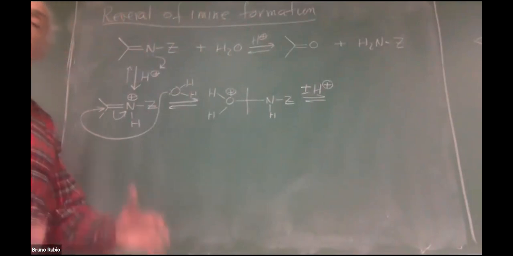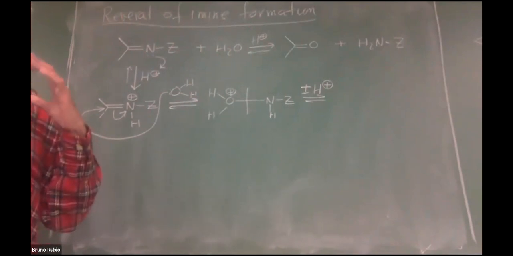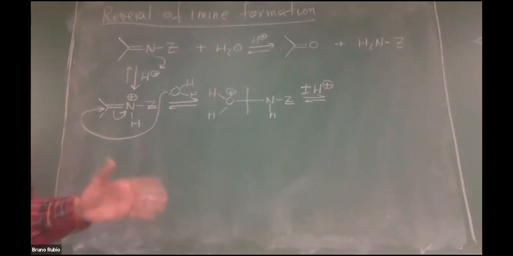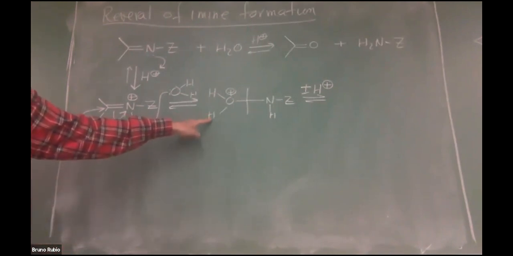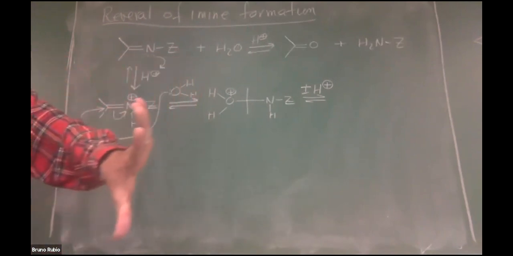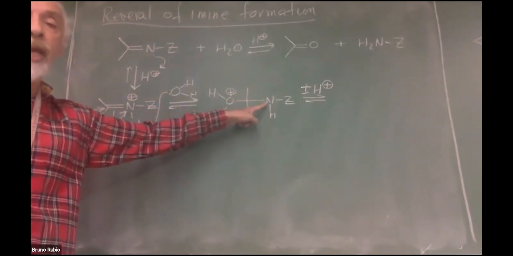That means take away a proton, minus H, add a proton, but somewhere else in the molecule, right? This is just a time-saving way of representing all of this fiddling and diddling with protons. Proton on oxygen is going to go away into the solution, never heard from again, but you have a lot of protons in the solution. One of them is going to pop back on this nitrogen.